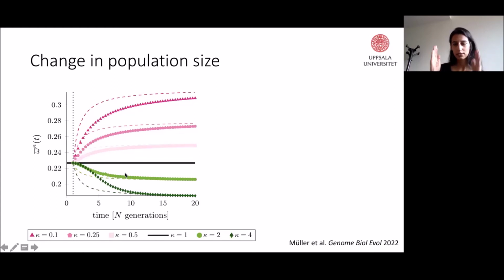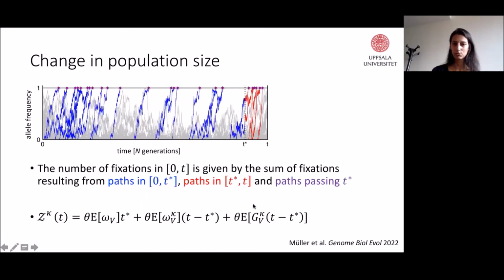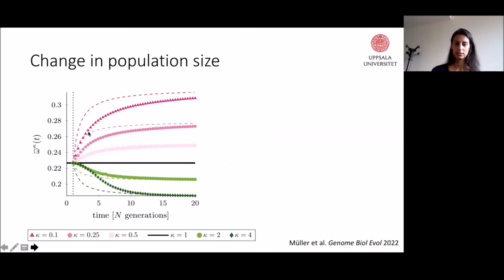So that's our derivation. What I'm showing here by the dashed lines is what happens if we ignore the contribution of polymorphisms. If we ignore the contribution of polymorphism, this term is negligible, and we only have the weighted mean on the time interval. That's the dashed lines. But we can see that even if we ignore polymorphisms, it still takes a while until the estimates converge towards the new equilibrium.